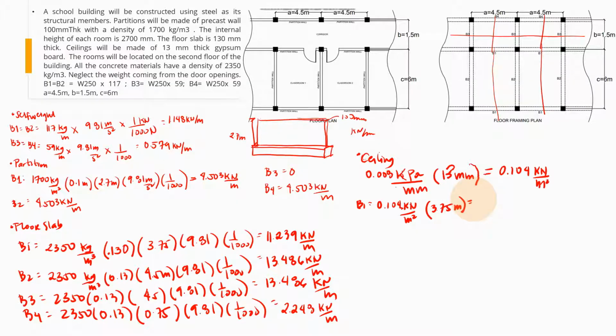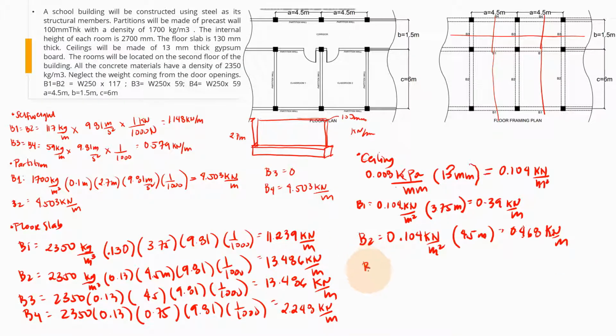Therefore, we have 0.39 kilonewton per meter. And then for our beam 2, 0.104 kilonewton per square meter. Tributary width ng beam 2 is 4.5. Therefore, we have 0.468 kilonewton per meter.